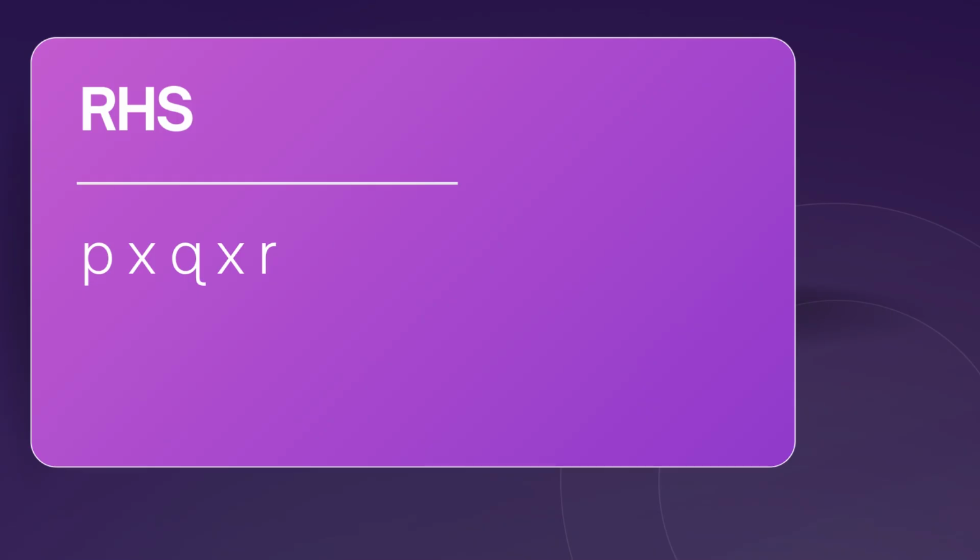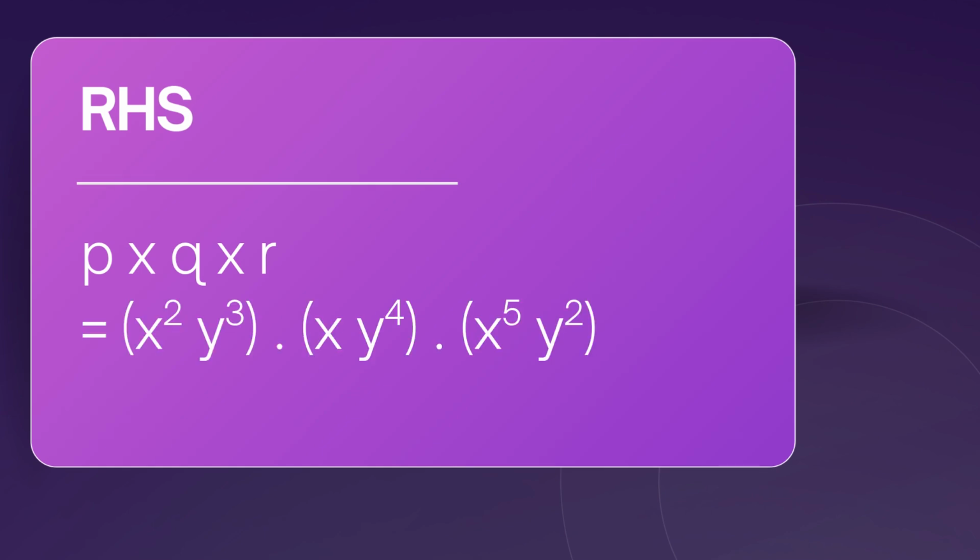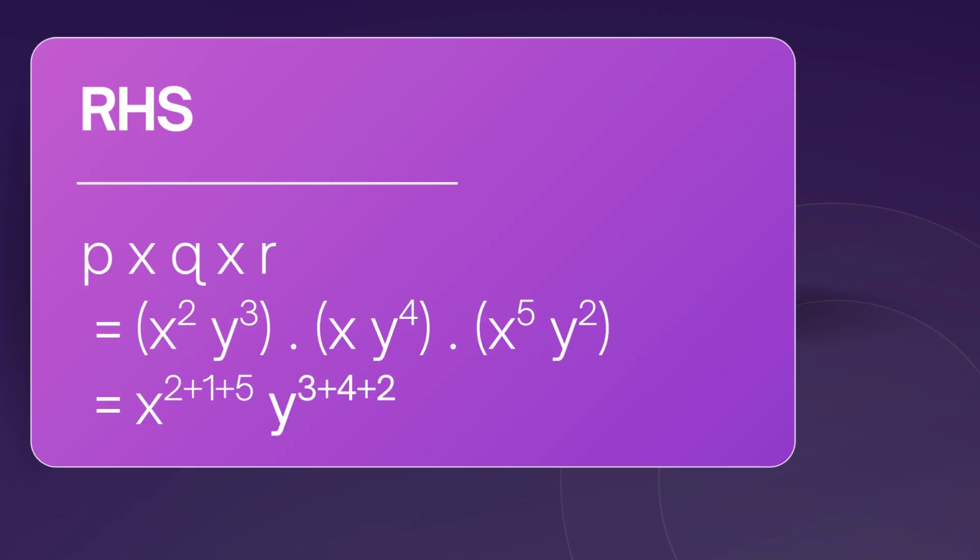Let us find the product of the three numbers P, Q, R, which is our RHS part. So, P times Q times R is equal to x square y cube times x y raised to 4 times x power 5 y square. Again, let us add the powers.